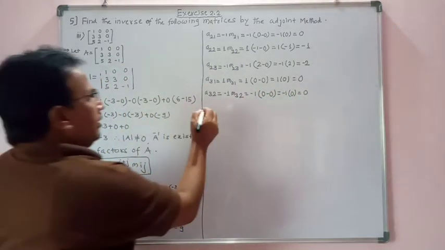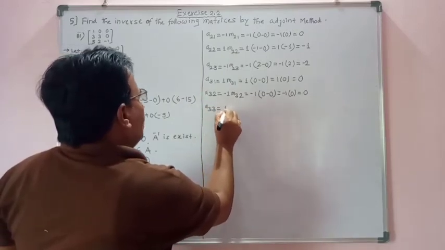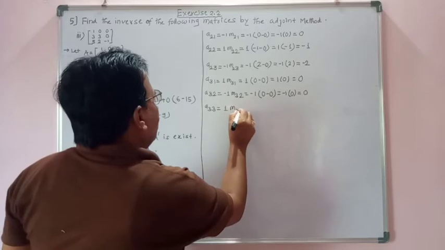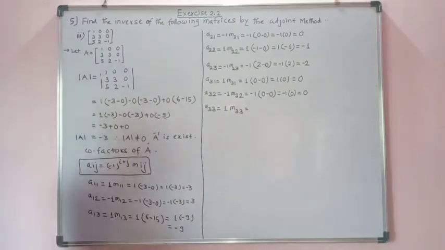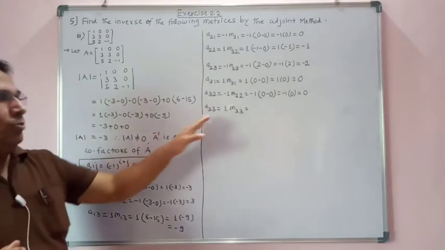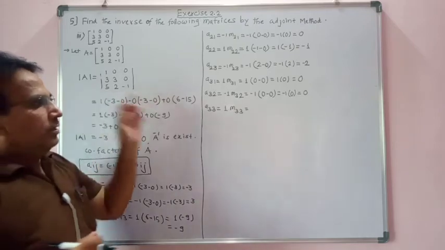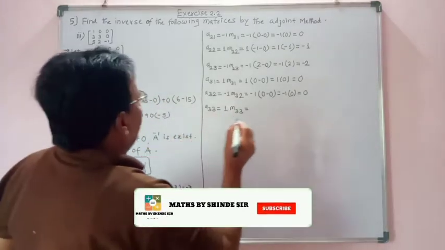The last cofactor is A33, equal to plus 1 into M33. 3 plus 3 is 6, which is an even number, so we use plus 1 into M33. What is the value of M33?